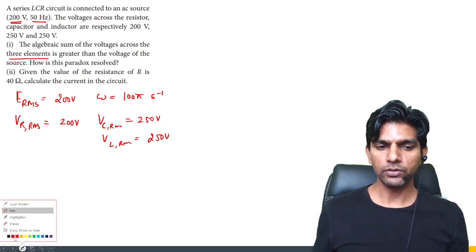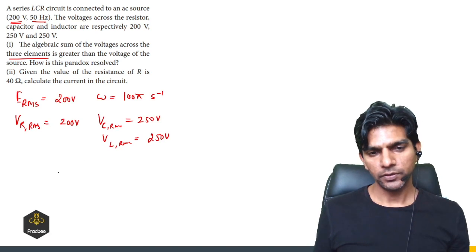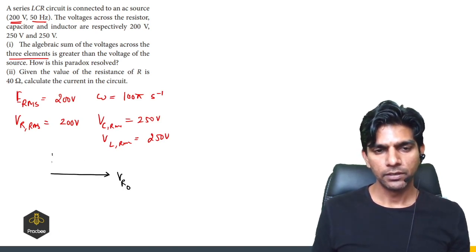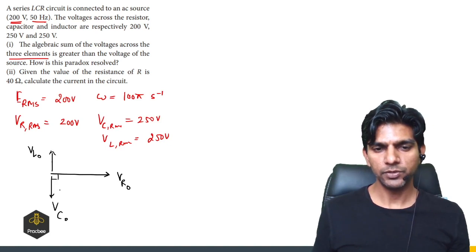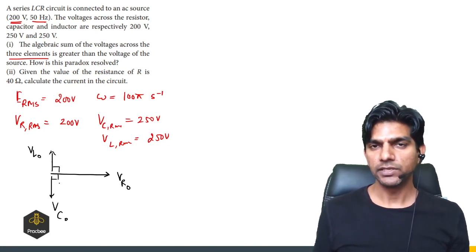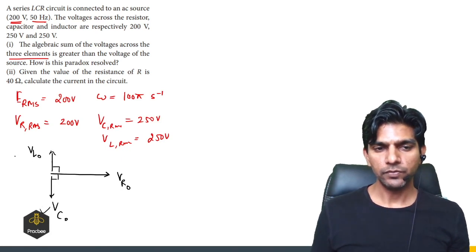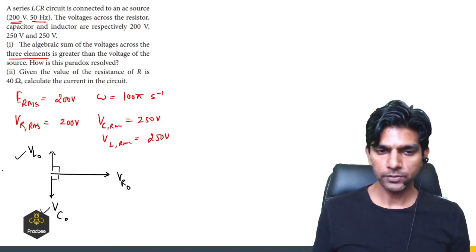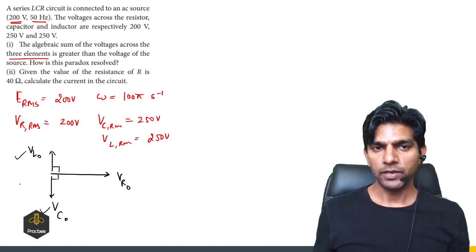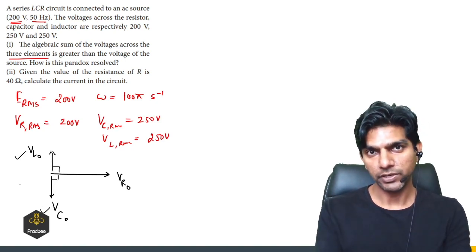Okay, right. So if we draw the phasor diagram, in this case, this is VR naught, this is VL naught, and this will be VC naught. The angle between VR naught and VC naught is 90 degrees, and between VL naught and VR naught is 90 degrees. So VC naught and VL naught are opposite to each other. So if we have to add them vectorially, not algebraically, right?